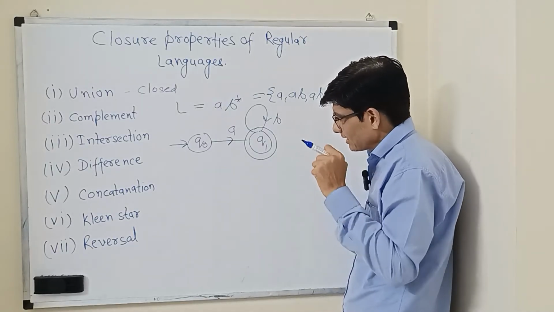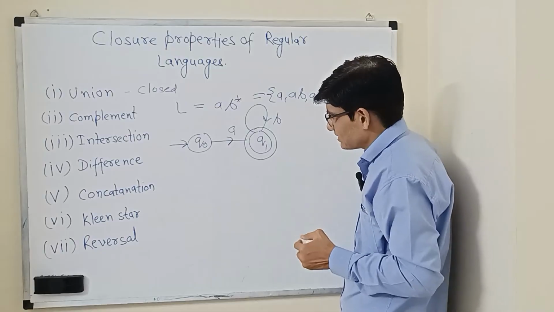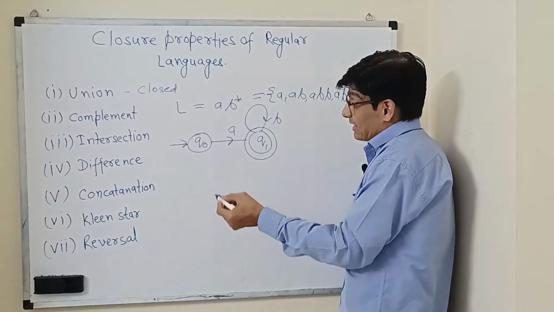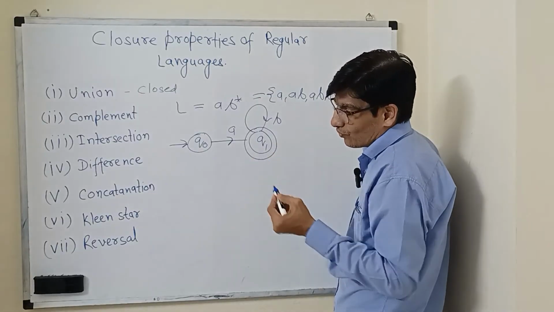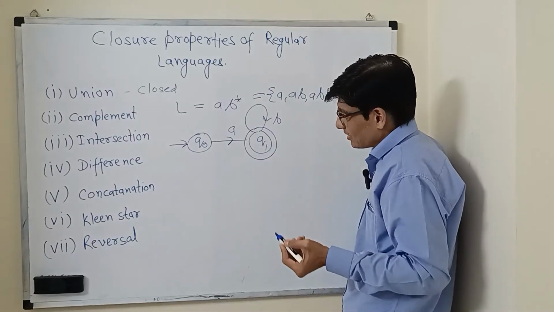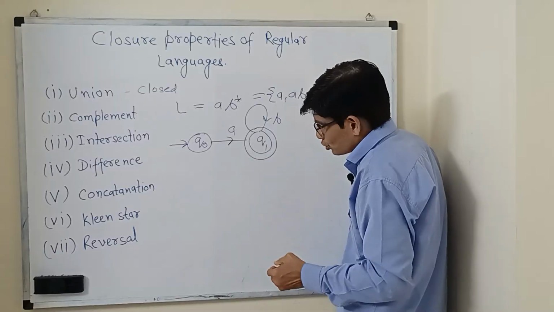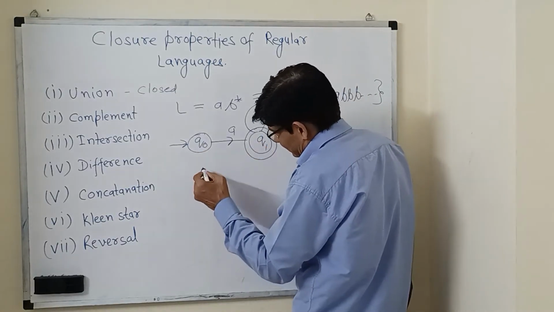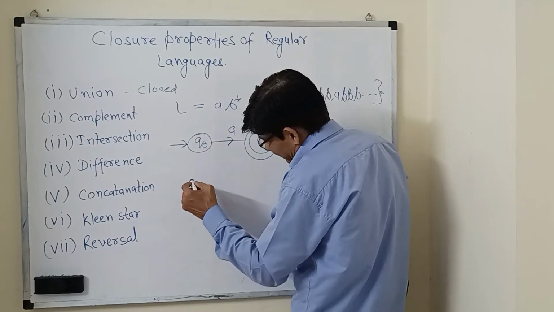It is very easy. Generally this is done by exchanging the final and non-final states. So here in this machine we have Q1 as the final state and Q0 as the non-final state.